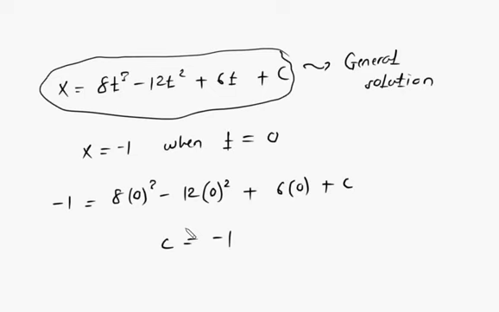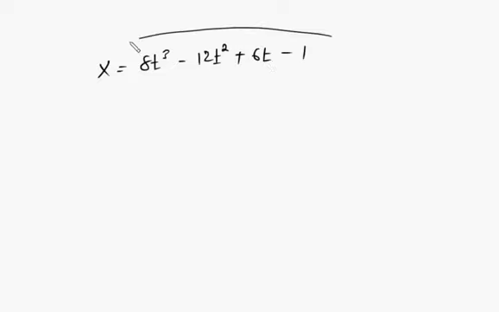So finally now, our distance is equal to x, so 8t cubed minus 12t squared plus 6t minus 1. So this one now is the particular solution for the distance.